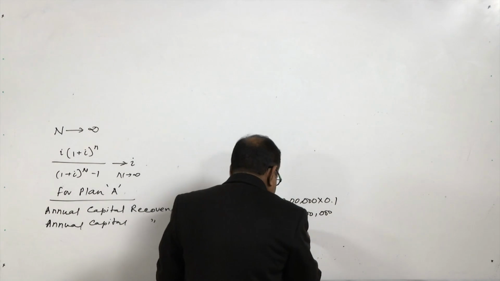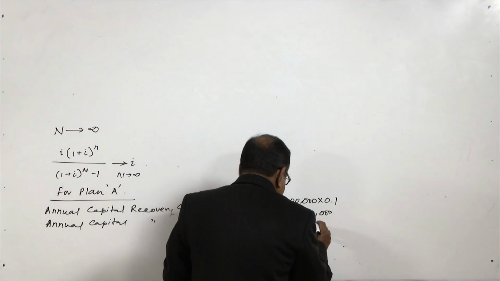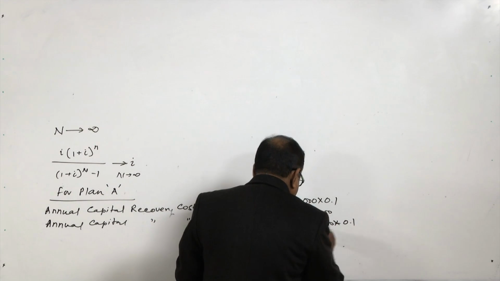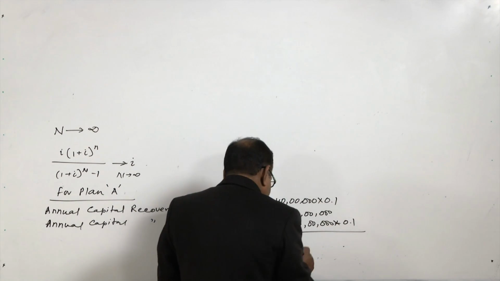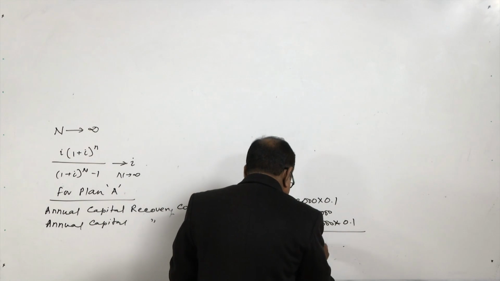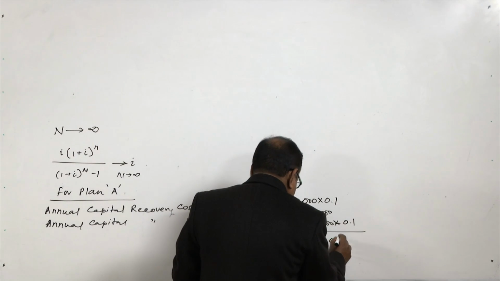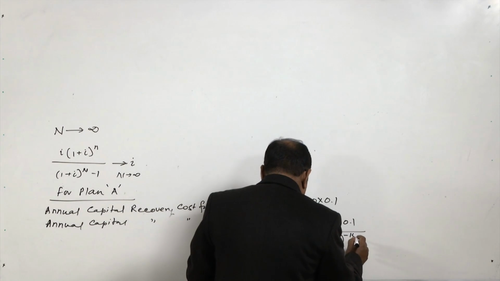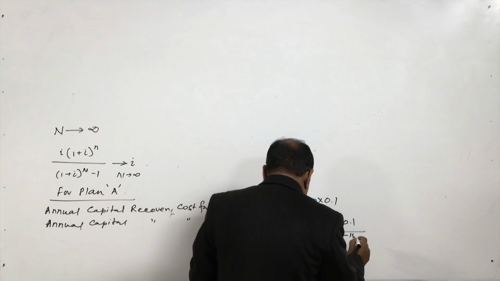This is 20 lakh into 0.1 divided by 1 minus (1 plus 0.1) to the power minus 20 years.